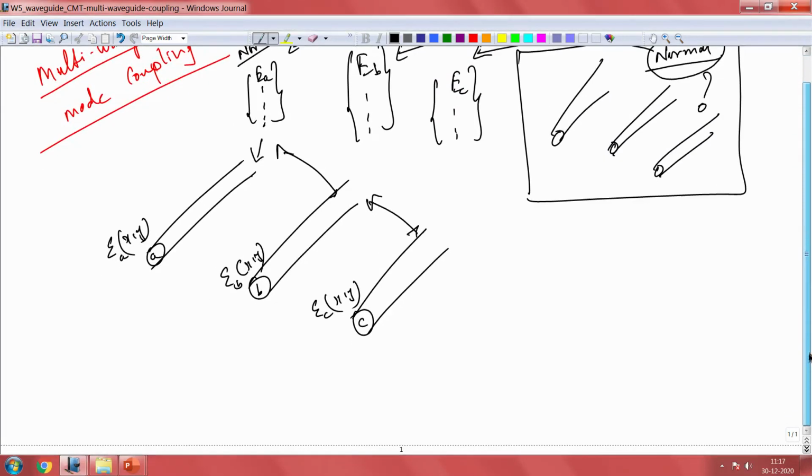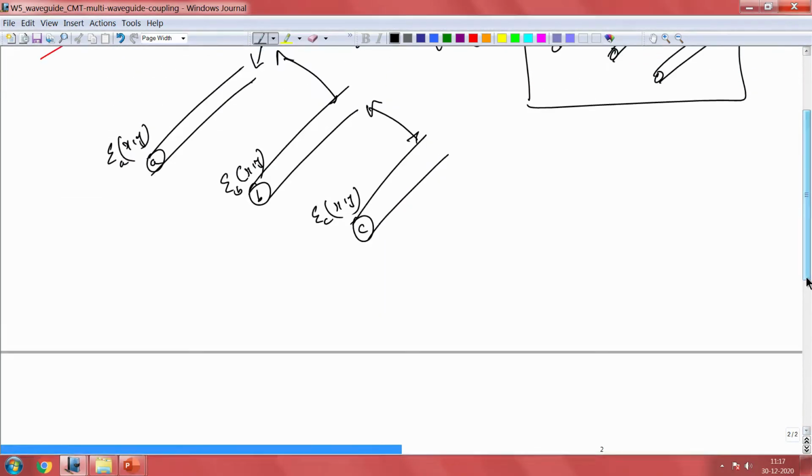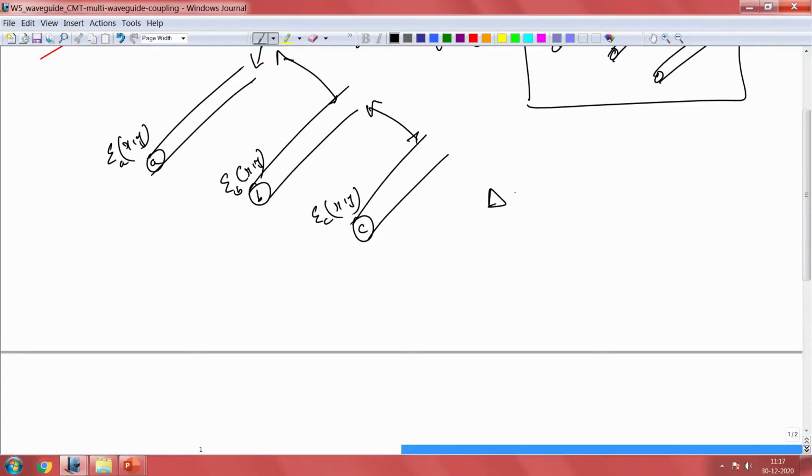So, let us look at the simple perturbation that we have here. That perturbation is delta epsilon(x,y), some delta epsilon, for example for a certain mode or certain configuration, let us say epsilon_A(x,y).